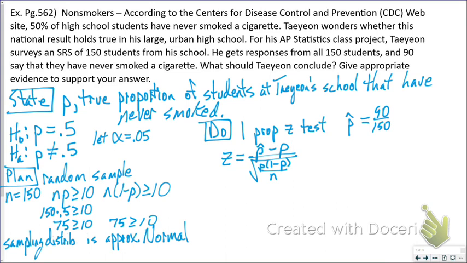So maybe on your calculator, try and type it in, see if you get the same results. When I did it, I got 0.6 for p hat. I got a z-score of 2.4495.